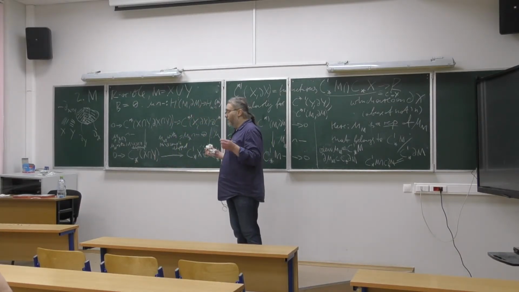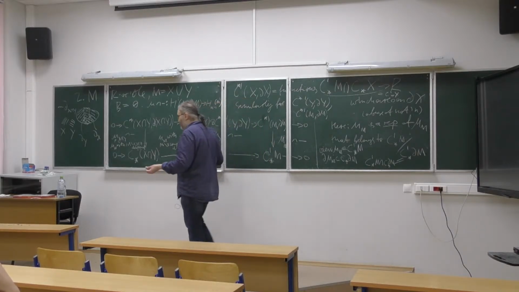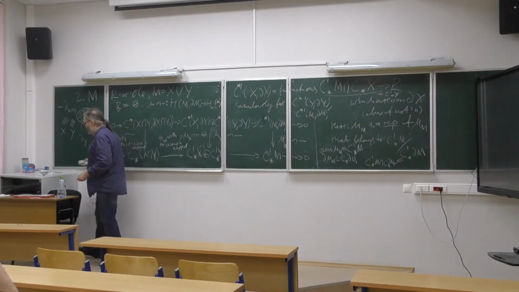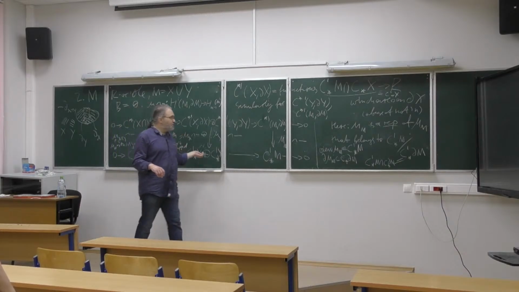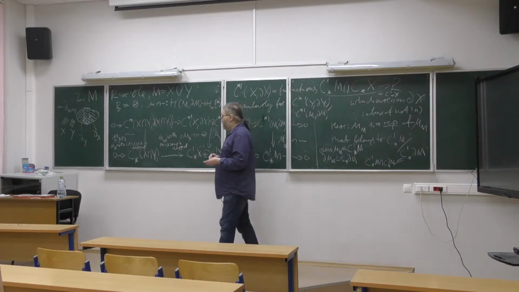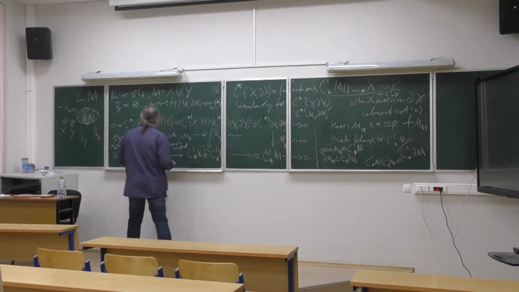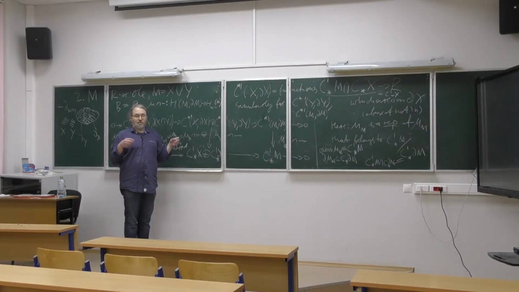Okay, there are lots of things one needs to check in this story. One needs to check that the diagram commutes, and that this complex is quasi-isomorphic to the cochains on the whole of X which are 0 on the boundary.